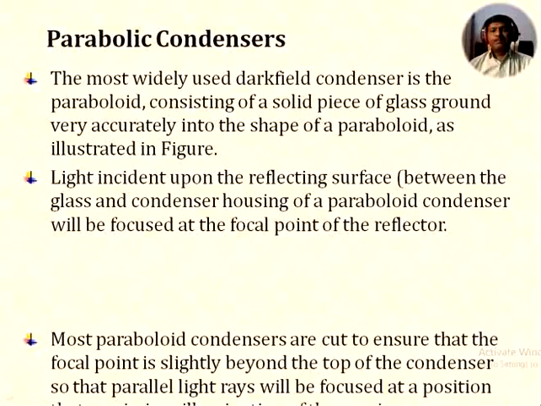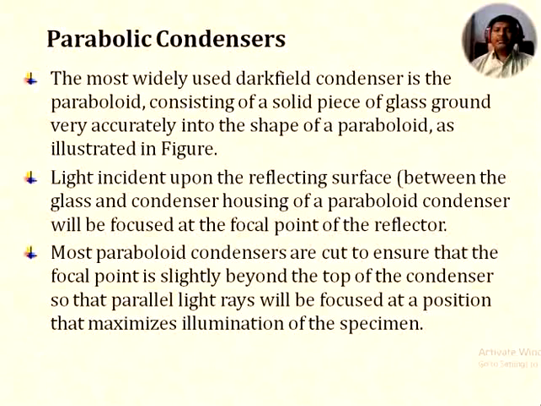Most paraboloid condensers are cut to ensure that the focal point is slightly behind the top of the condenser, so that parallel light rays will be focused at a position that maximizes the illumination of the specimen.